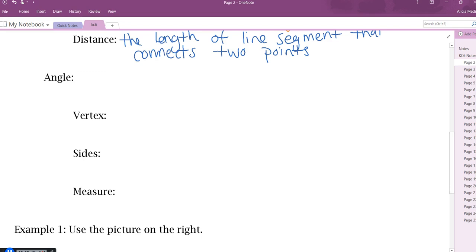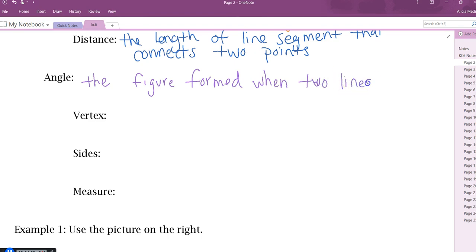An angle is the figure formed when 2 lines meet at a common point.